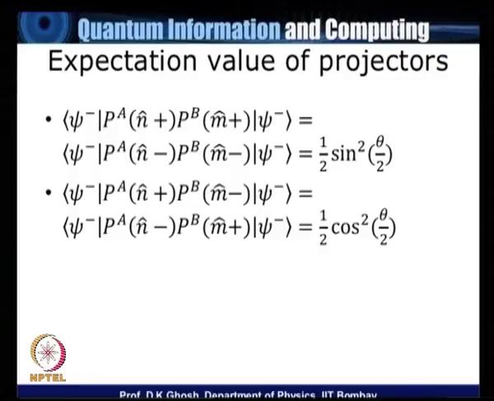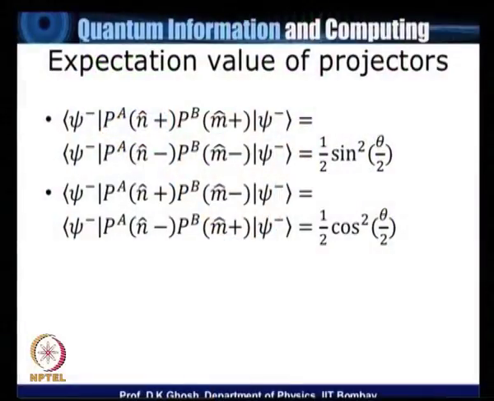Remember that all I need to calculate this is to realize that the squares of projection operators are projection operators themselves. So I can write P_A as P_A squared, P_B as P_B squared, and I can make one pair act on the ket and one pair act on the bra, and get these relations as have been written down.